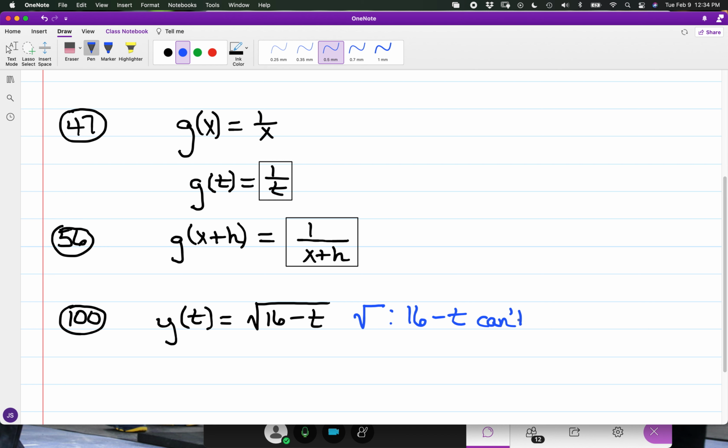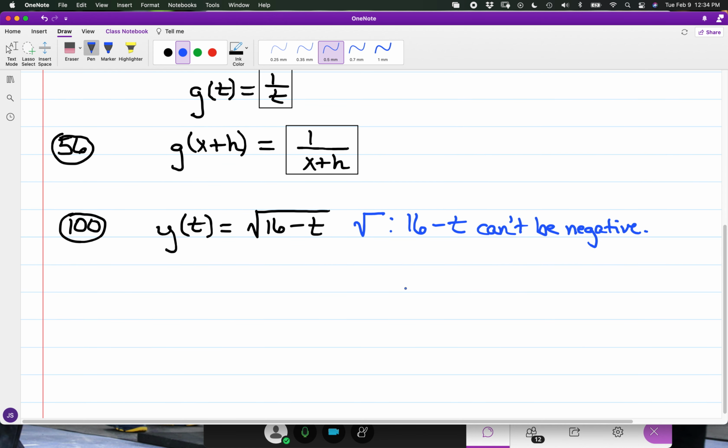16 minus t cannot be negative. Now it can be 0 and it can also be positive. So for 16 minus t, we have this set as being greater than or equal to 0, and looking at solving the inequality, just serving as a backdrop to the interval solution.